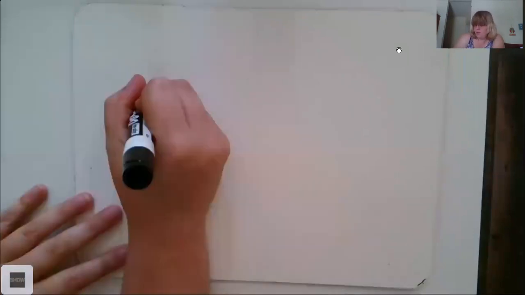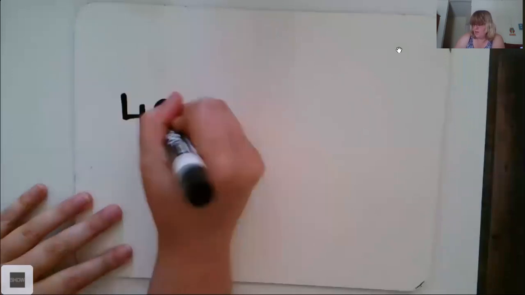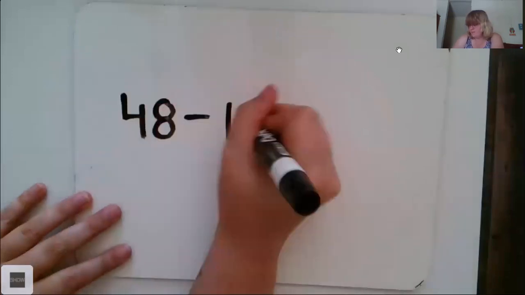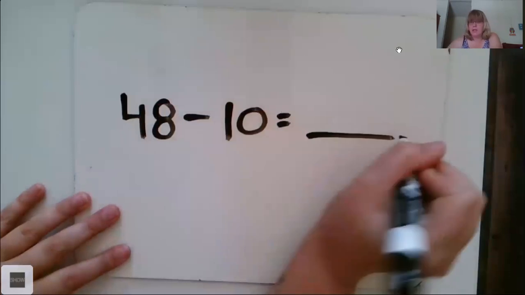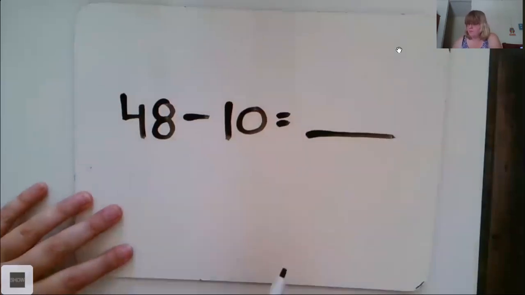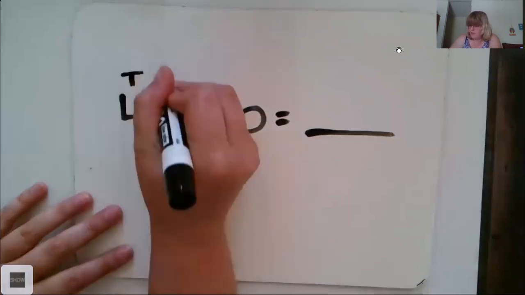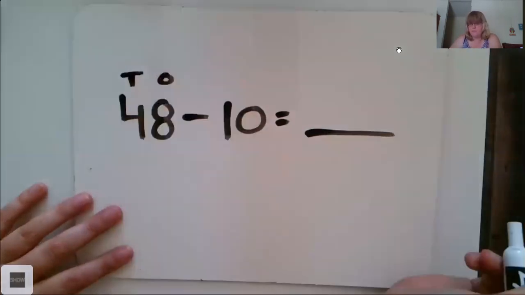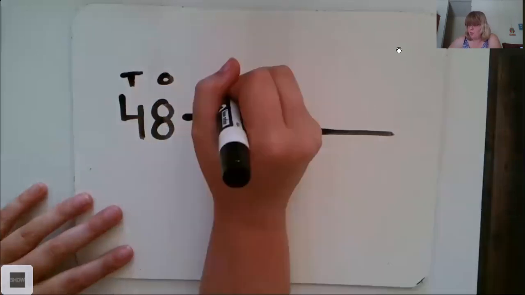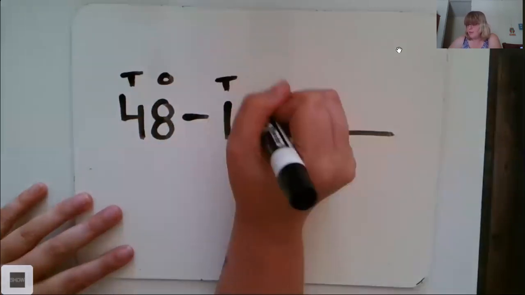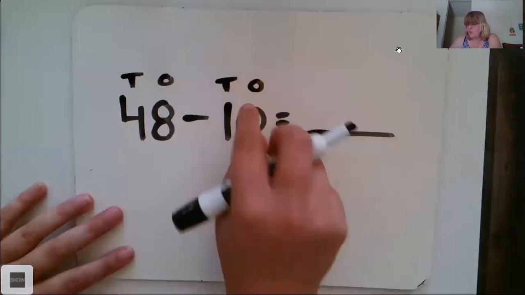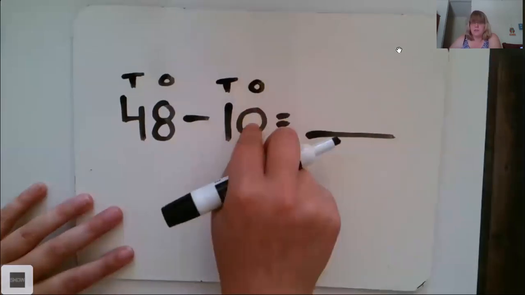Let's try another one. Let's say that I had 48 minus 10. Now this time I'm going to try to do it without making my chart. For my two numbers, I have 4 tens and 8 ones. And over here I have 1 ten that I'm subtracting, and I'm not subtracting any ones because there's a 0 in this spot.